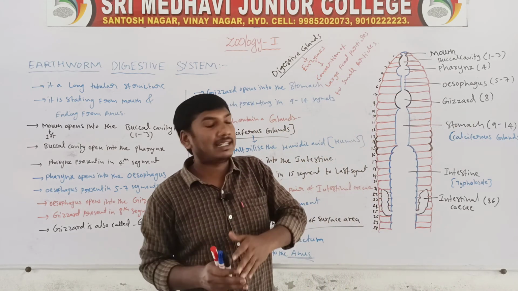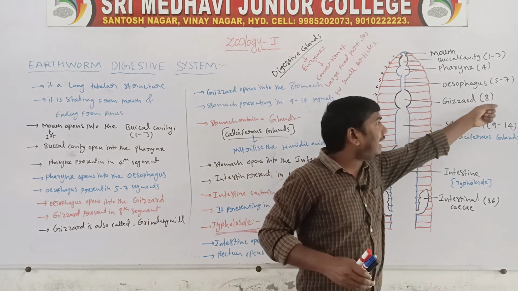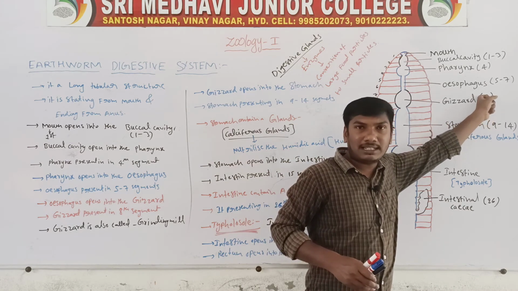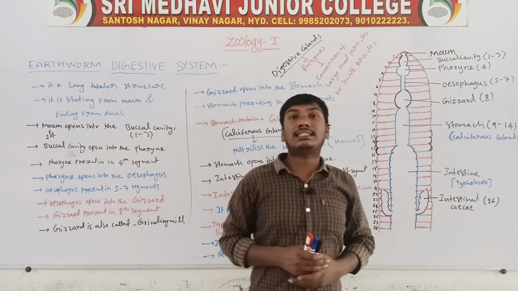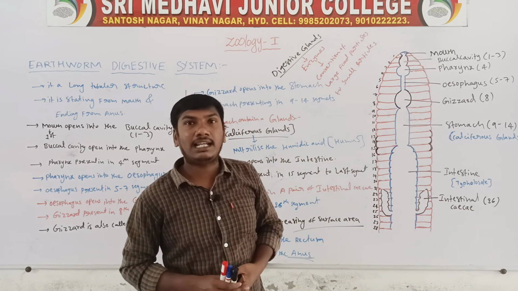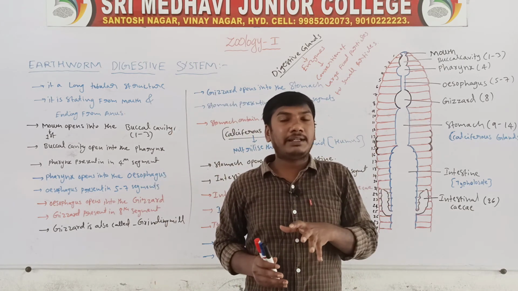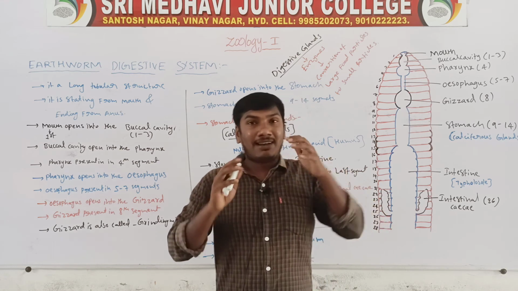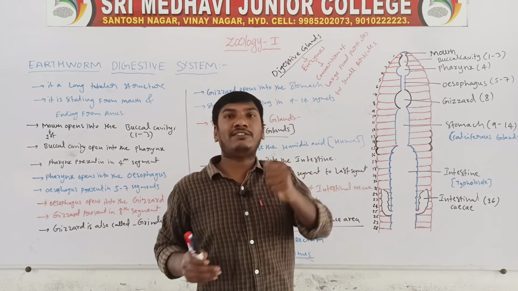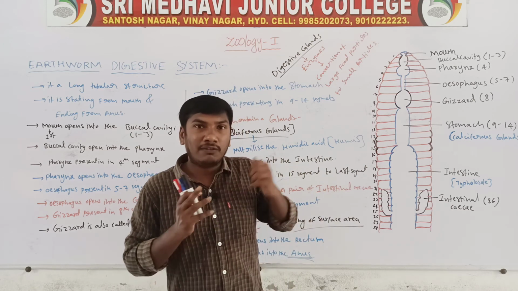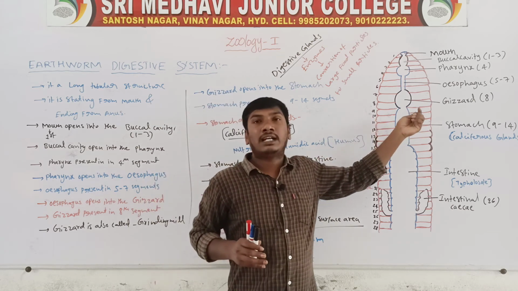The gizzard is also called the grinding mill, because it grinds the food materials, converting large food materials into small food materials.